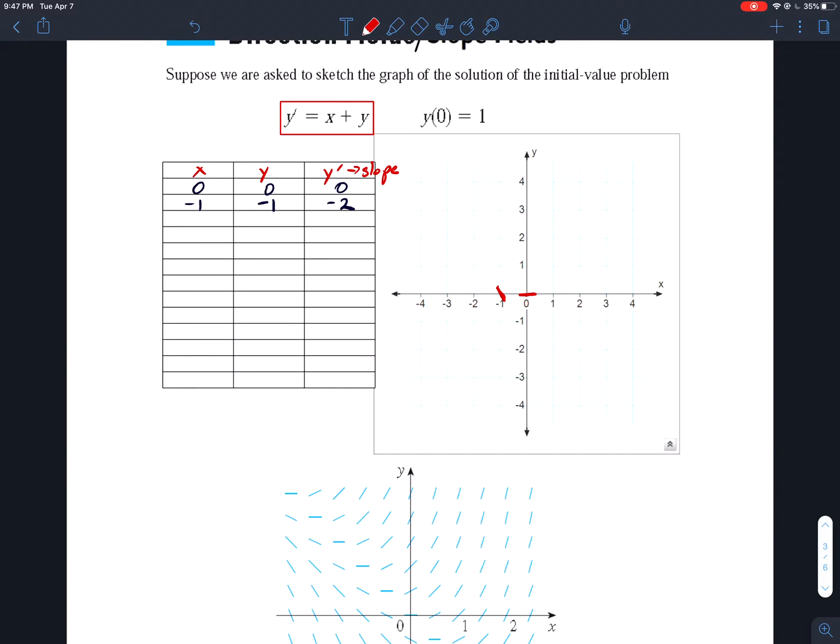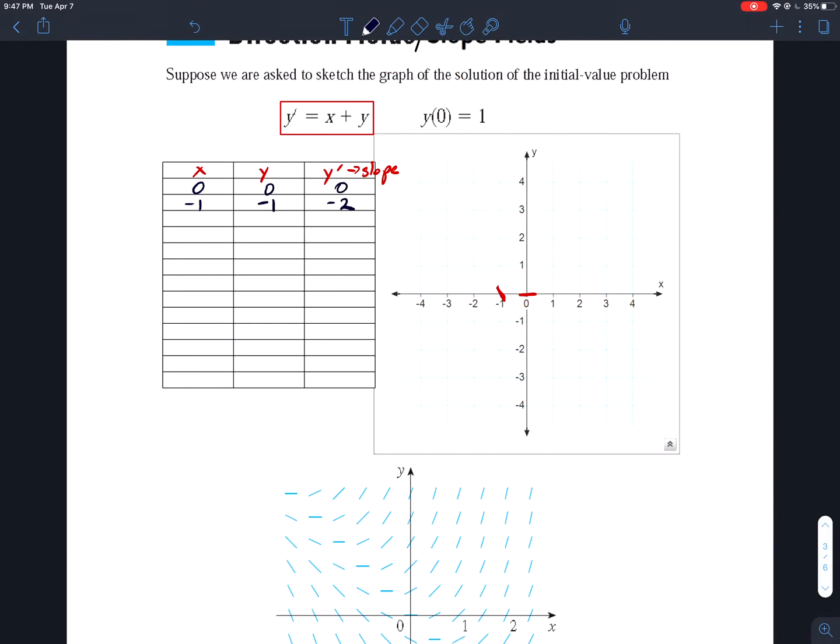If you really do want to know, you could grab a ruler, or in this case, that's about right, actually. I just drew a line with a slope of down 2 over 1. You could grab a ruler and lay it out on the grid if you were worried about whether or not it was correct. They don't allow rulers in the AP exam, but you're going to be taking it from home this year. So, all right, let's keep going.